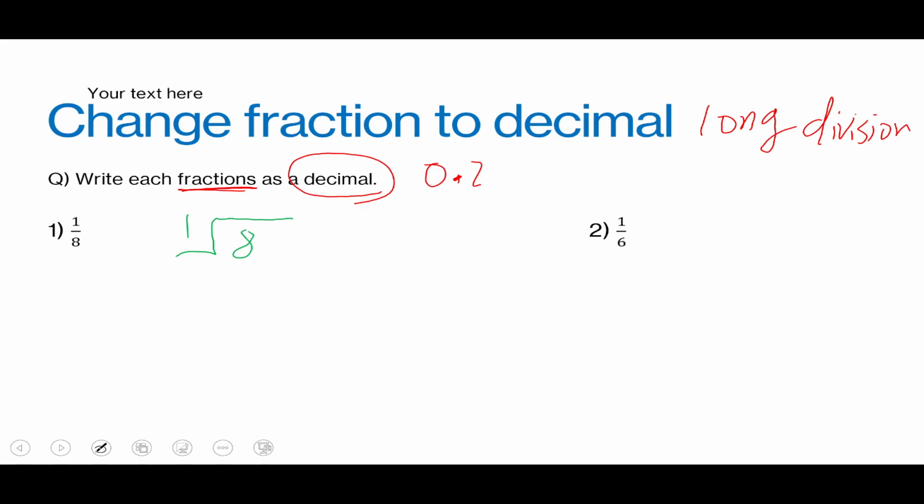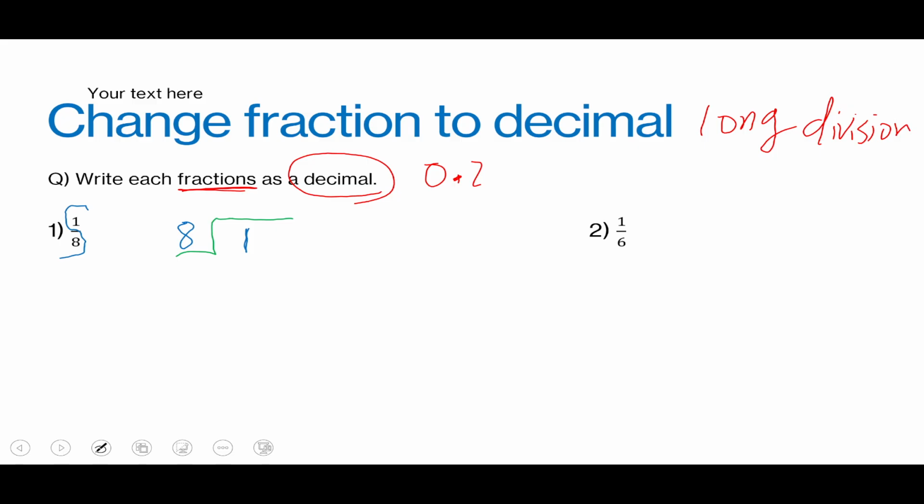No, to avoid this kind of mistake, I have another way to write 1 over 8 into the long division. Just try to draw the S letter into the fraction. Okay? So now you can see 1 is inside and 8 is outside.